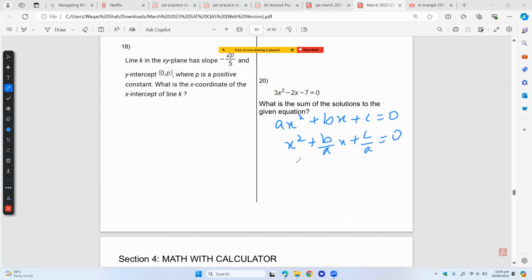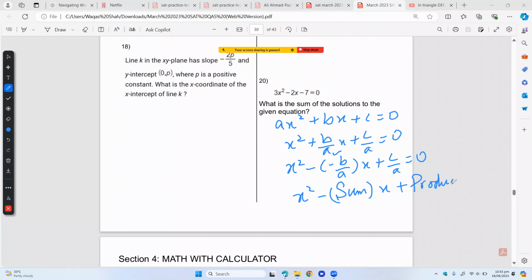If we rewrite this, x squared minus (minus b by a) x plus c by a is equal to 0, and this minus b by a is the sum of the solutions. So it can be written as x squared minus s x plus p, where s means sum of roots and c by a is the product, is equal to 0.